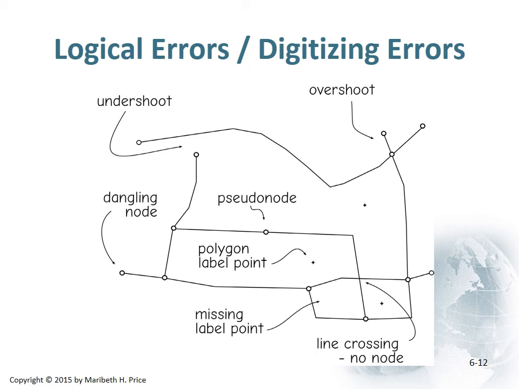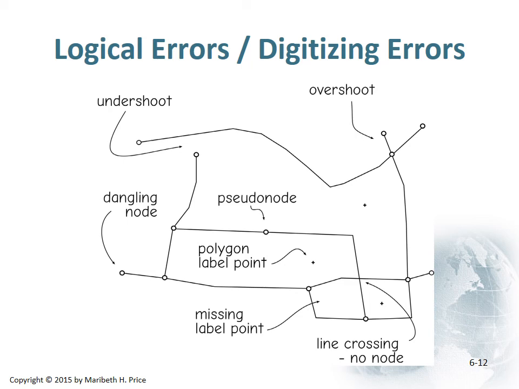Overshoots happen when the line gets extended further than it should have been. So it should have terminated perhaps at the node that occurs lower on that particular line, rather than shooting off into space. If you think about a road network, an overshoot would occur when you extend a road too far and you're creating, therefore, a cul-de-sac where there shouldn't be one.